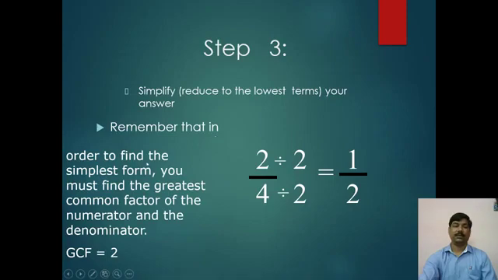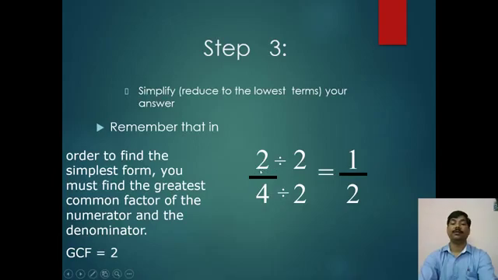Remember that in order to find the simplest form, you must find the greatest common factor of the numerator and denominator. It means GCF. So the difference of the fractions was 2 upon 4. This is not in the simplest form. We'll find the highest common factor. The GCF of 2 and 4 is 2.